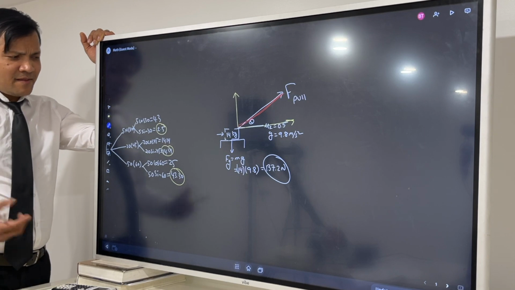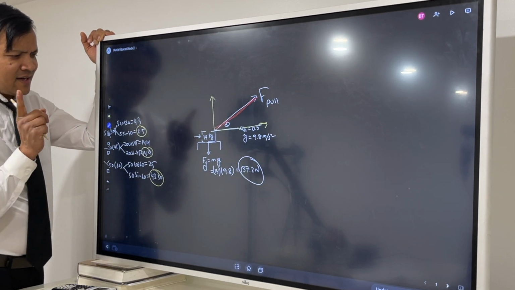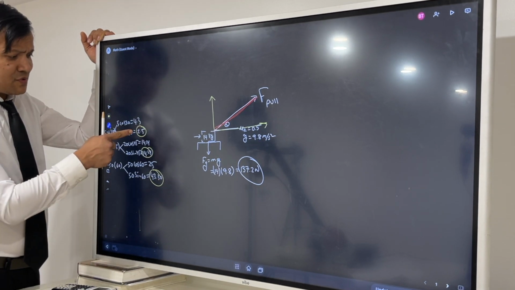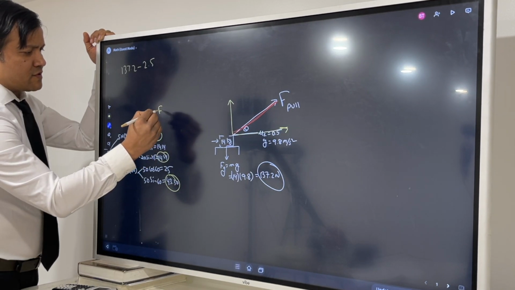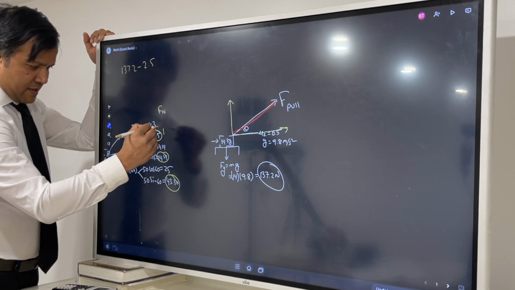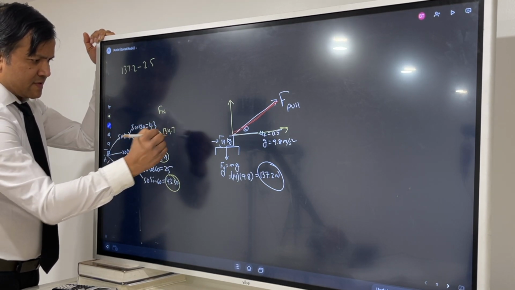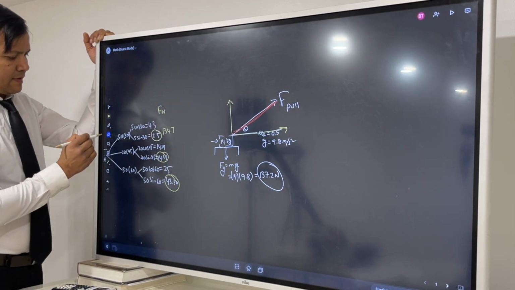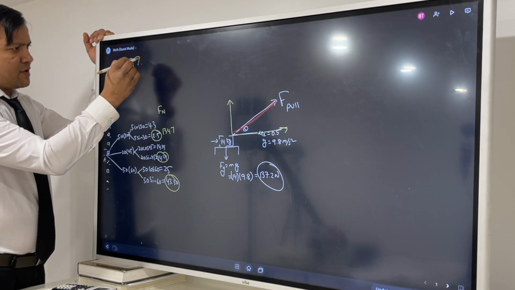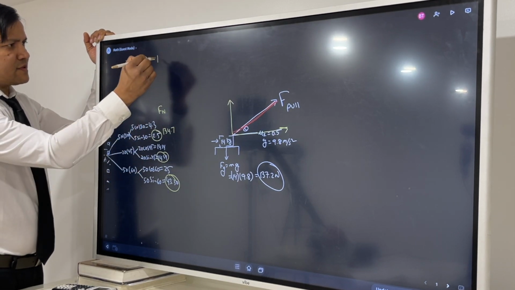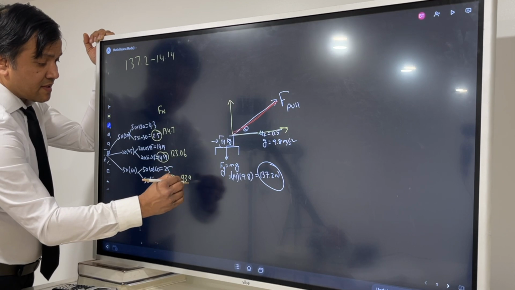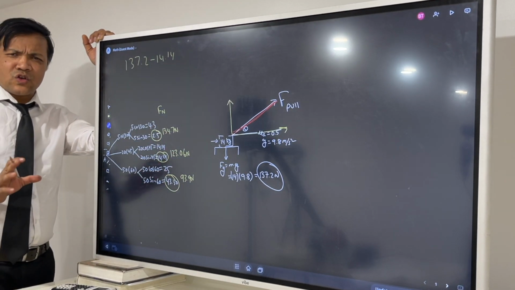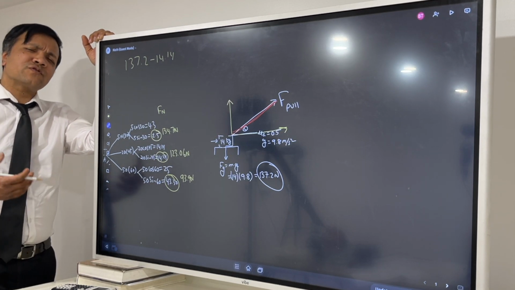What does that mean? That means 137.2 minus 2.5. So normal force would be 134.7. All right, let's do the other one. 137.2 minus 14.14, 3.9 Newton. All right, so this is normal force, which helps us to find force of friction.